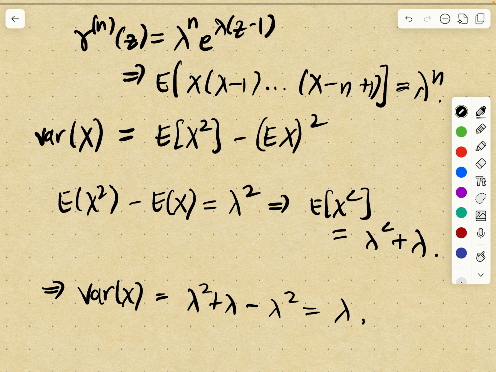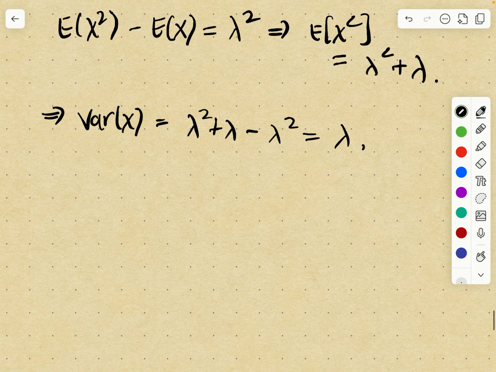Okay, so pretty simple example of a generating function. Let's do one more example. Let's do the geometric distribution.